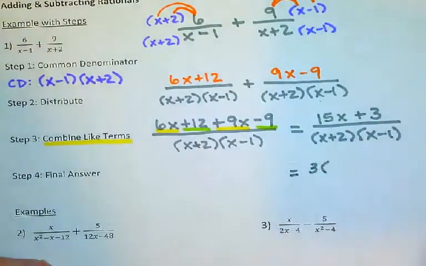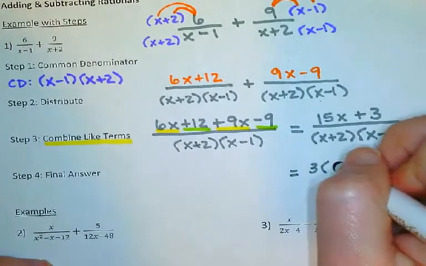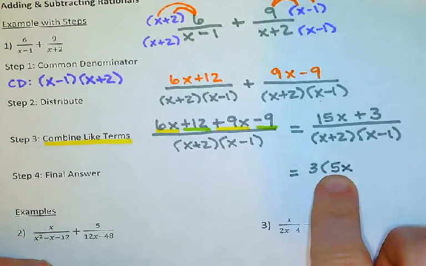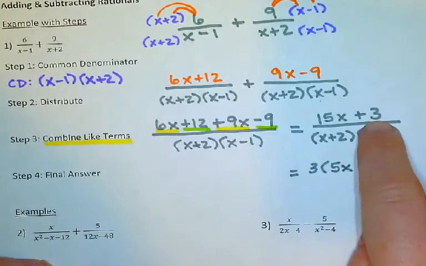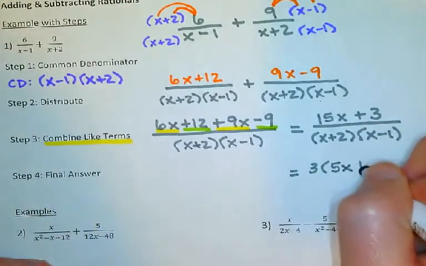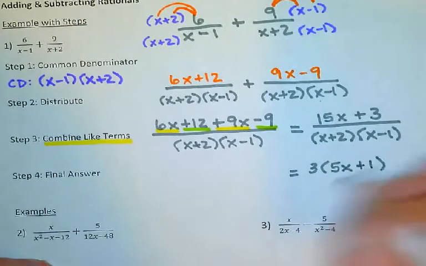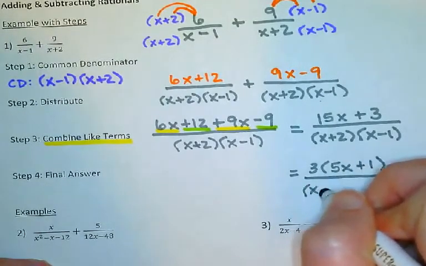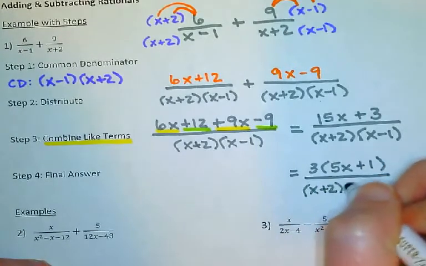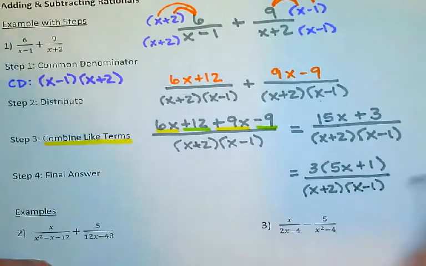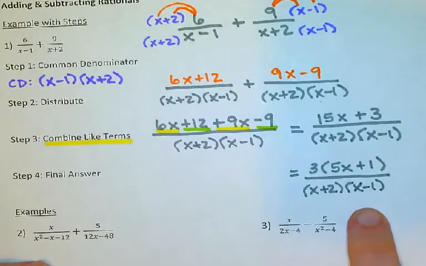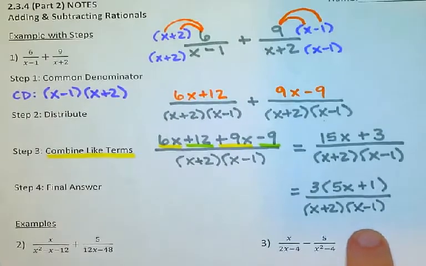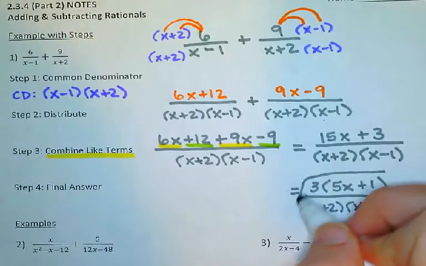If I take 3 out of 15, I'm going to be left with a 5x, because 3 times 5 is 15. If I take 3 out of the 3, I'm going to be left with a 1. Alright, and then our denominator is going to stay the same. Now, is there anything that cancels? No, but we do have to check for it, alright? So, this would be our final answer.